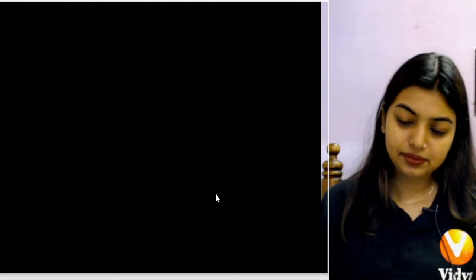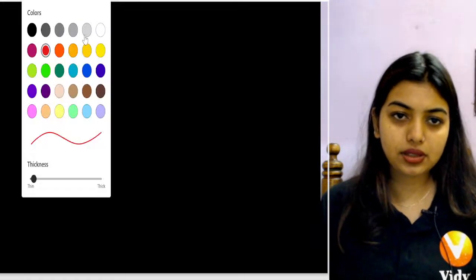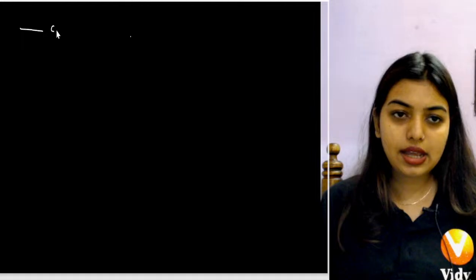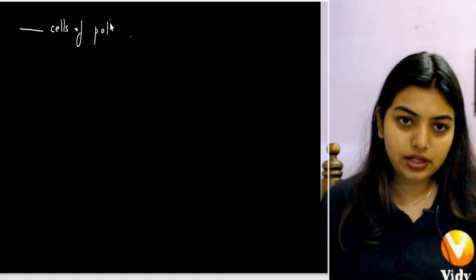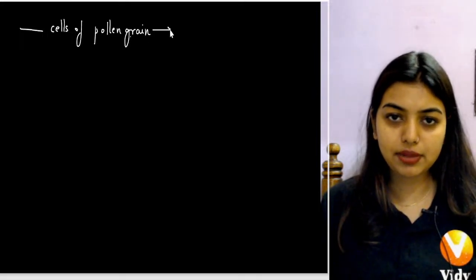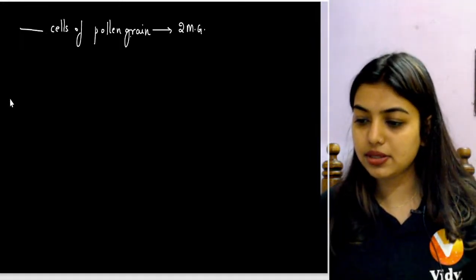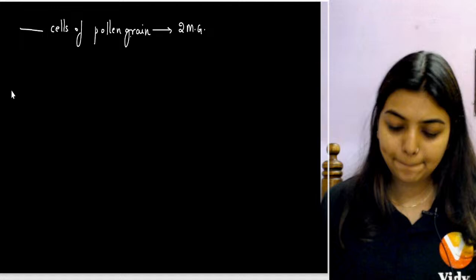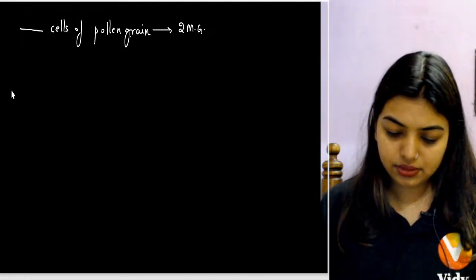So students, first question to all of you. Dash cells of the pollen grain divide to form two male gametes. Two male gametes. What happened, Tanuja?